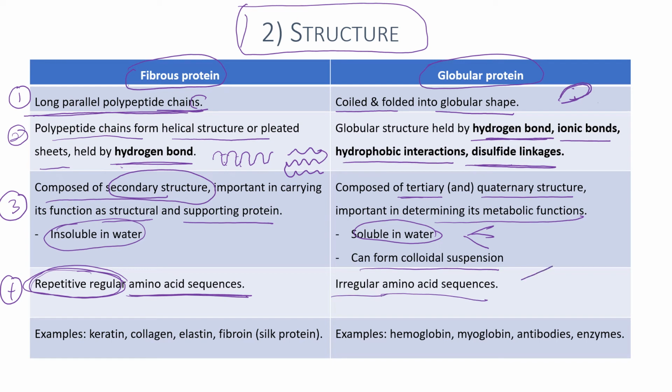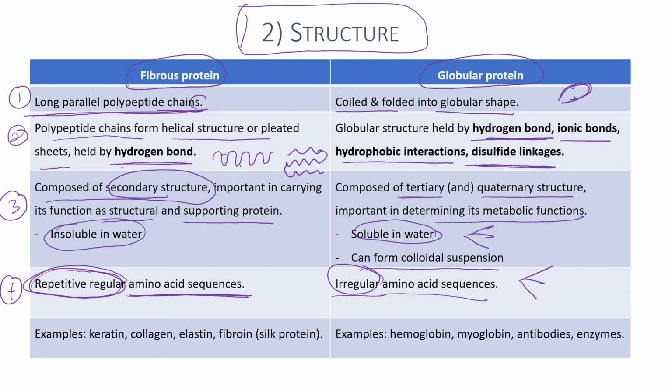We have so many different types of enzymes and hormones, and all these hormones and enzymes have different functions. Therefore, the sequence of the amino acids will be different, irregular, from one protein molecule to another.